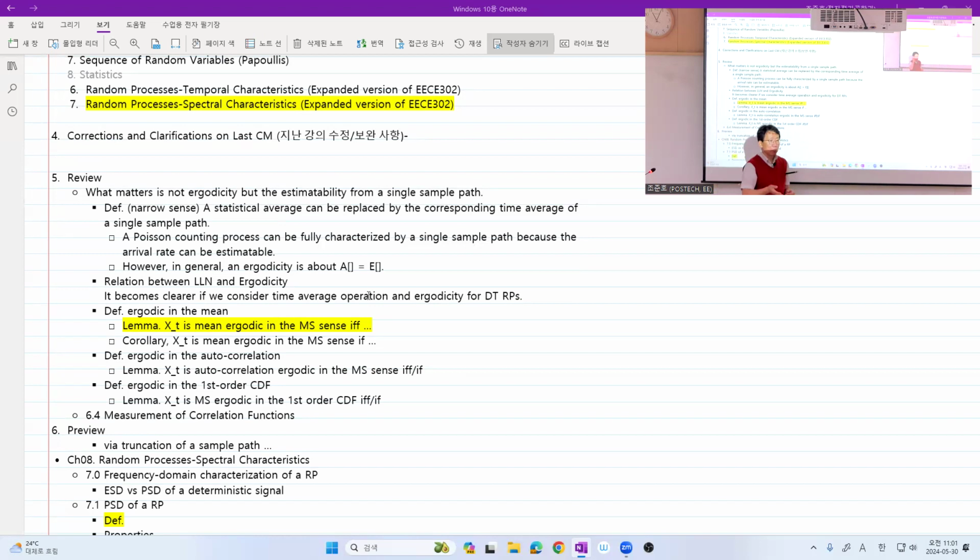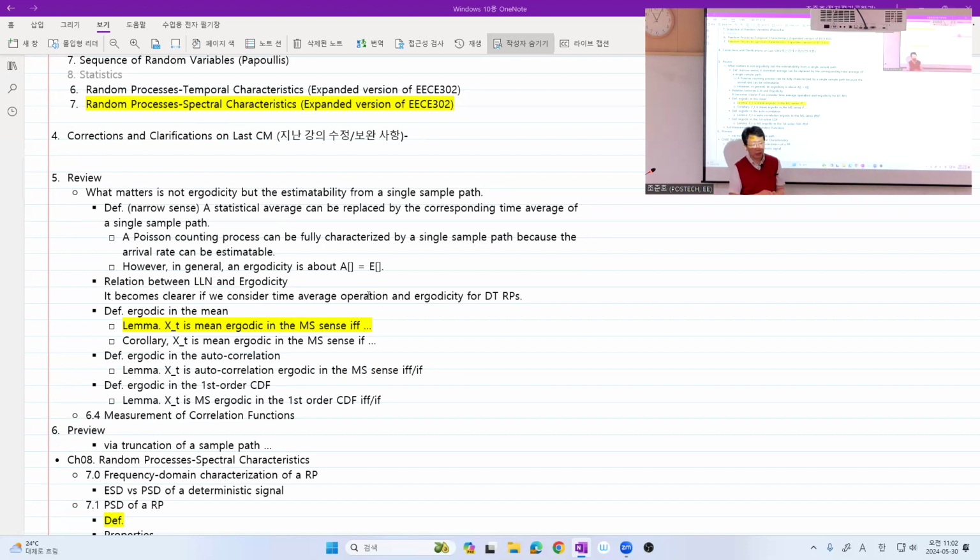For example, given a Poisson random process and a single realization of a sample path, can we fully characterize this Poisson random process? The answer is yes, because the Poisson counting process is fully characterized by a single scalar, the arrival rate.